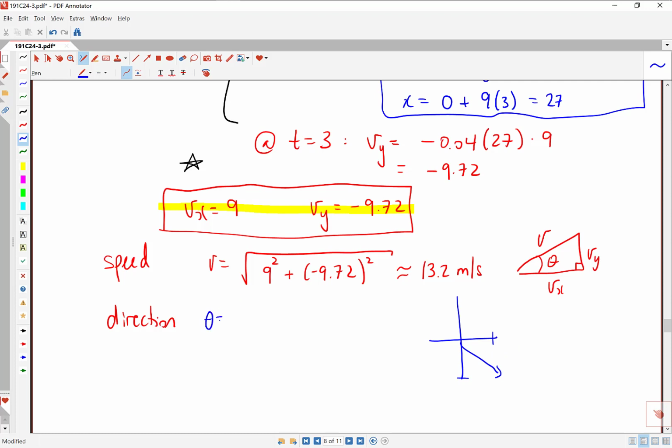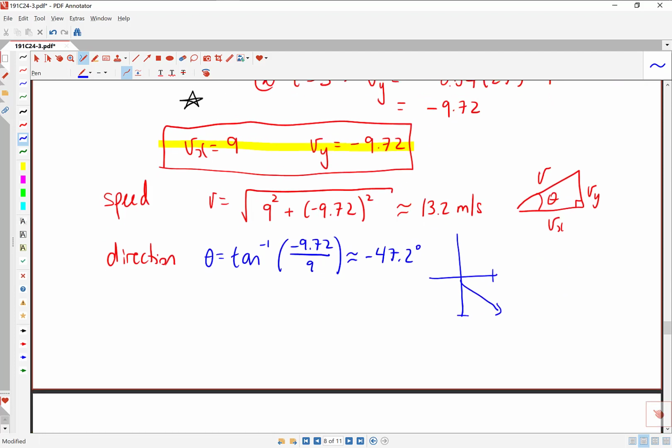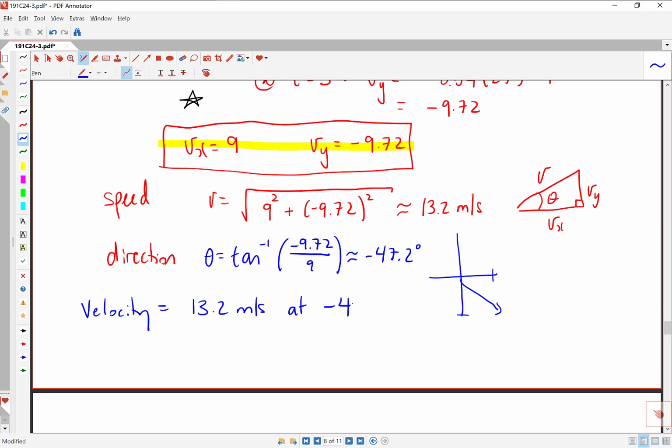So we can say theta is arctan of v sub y divided by v sub x. And that gives us an angle of about negative 47.2 degrees. So just remember to always do this sketch to figure out if you need to add 180 degrees or not. So here's our answer. Velocity at that point in time, 13.2 at negative 47.2 degrees.